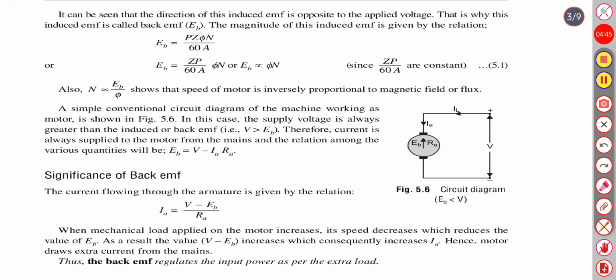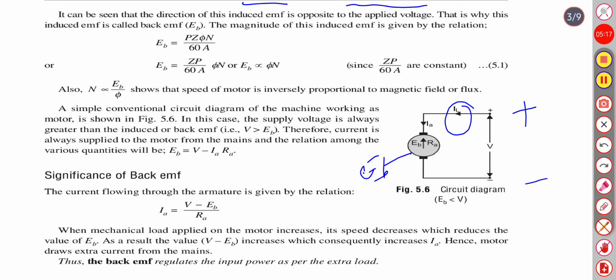It can be seen that the direction of this induced EMF is opposite to the applied voltage. Here the sign of applied voltage is positive, here it is negative. The current flows in this direction, and this back EMF, or EMF induced in the armature, is in the upward direction.